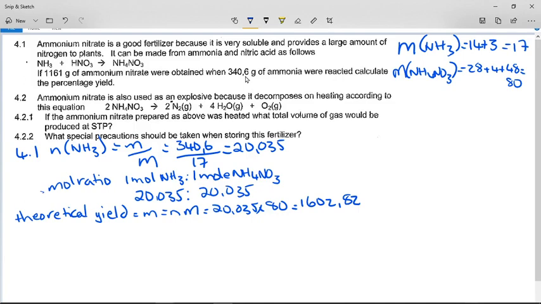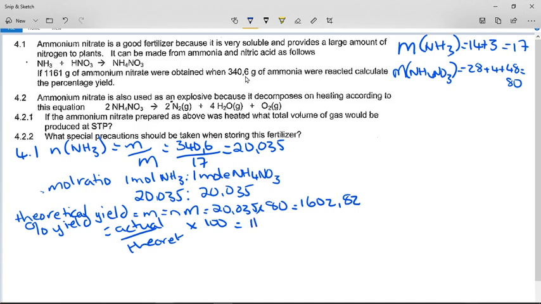Now if we want to calculate the percentage yield, the percentage yield is the actual yield over the theoretical yield, times 100. The actual yield is, what is it in the question here? 1161.